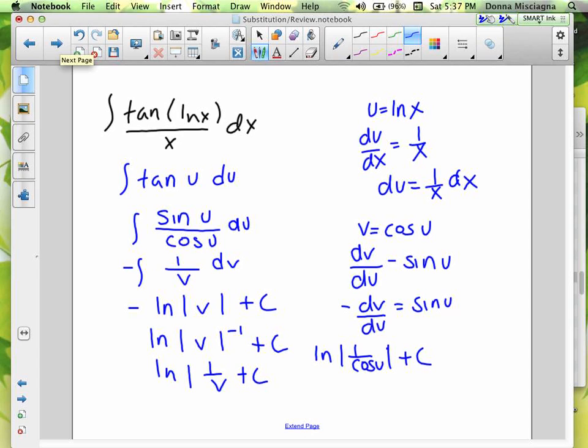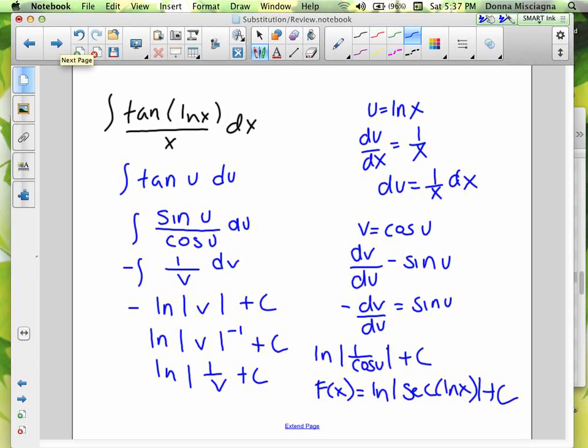What is 1 over cosine? Why, that's just secant. So let's replace that with secant, and meanwhile, let's replace that u with a natural log of x. So, final answer. F of x equals natural log of absolute value of secant ln x plus c. And there we go.